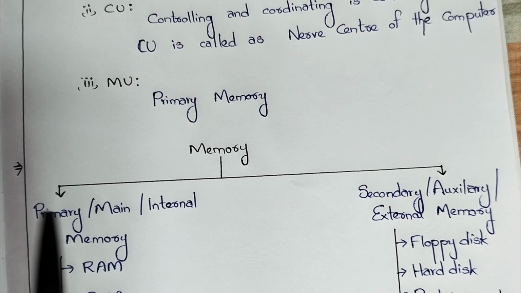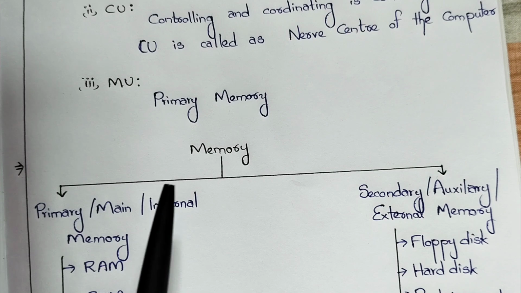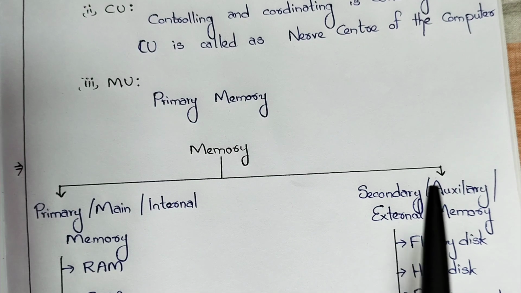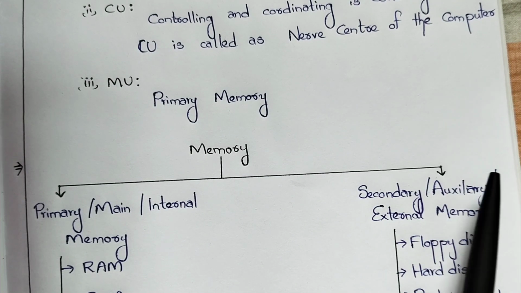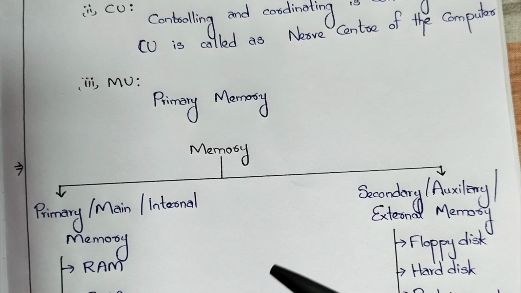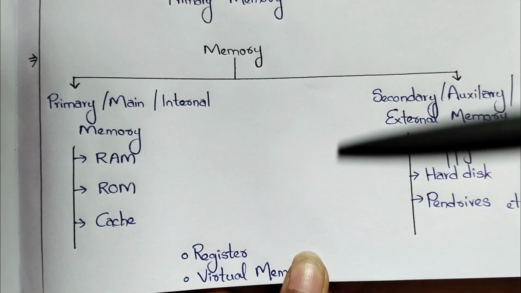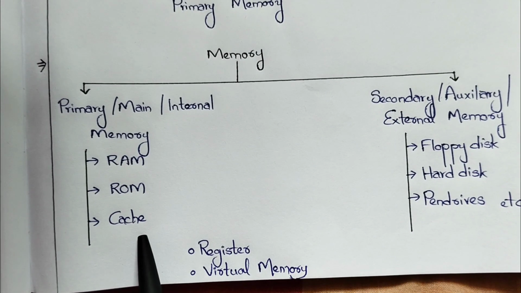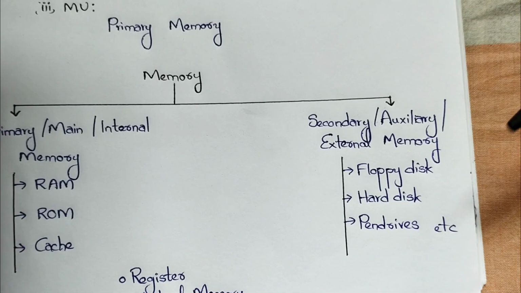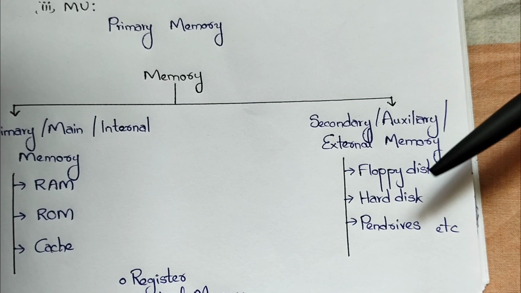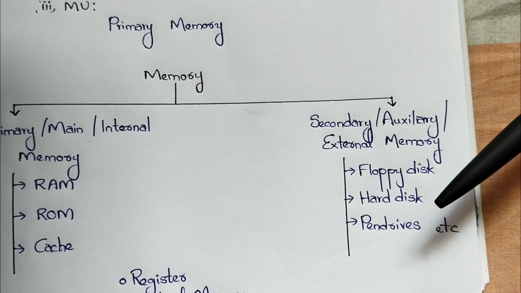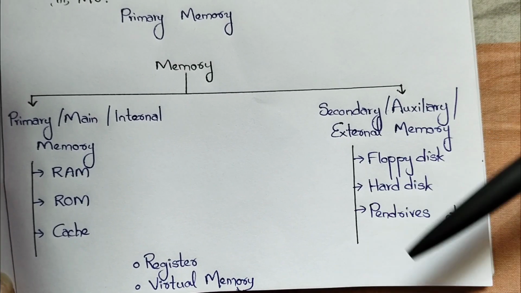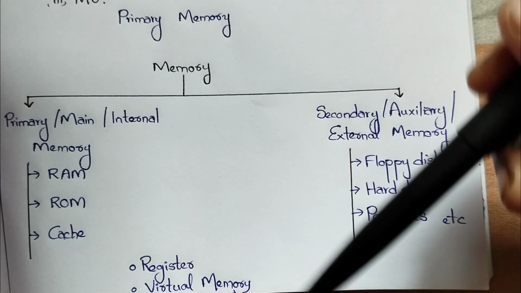Primary memory is also known as main memory or internal memory, and secondary memory is called as external memory or auxiliary memory. So the examples of primary memory are RAM, ROM, cache, and the examples of secondary memory are floppy disk, hard disk, and pen drives. There are other kinds of memory that are registers and virtual memory. We will be discussing those as well.